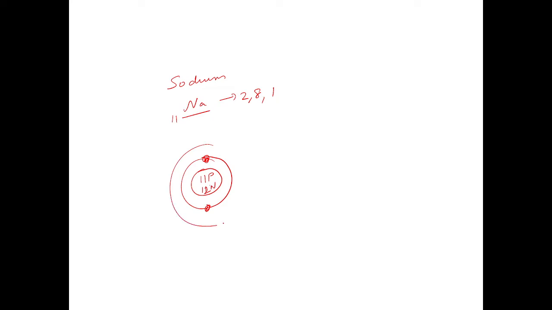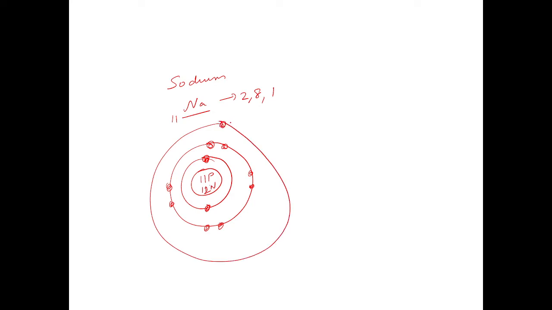This one electron, if it is removed, we will get the octet configuration. So the tendency of sodium is to lose one electron, and it will become Na plus 1. This is called valency.